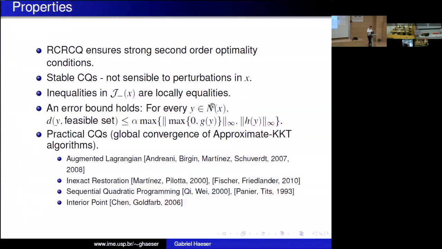And another important property that holds for every condition that I presented is the one called the error-bound condition. It says the following: I have a point x here, where this constant rank condition holds, and if I take y in a sufficiently small neighborhood of x, I can measure this y. Maybe it's not feasible. Okay, x is feasible, but if I look at a neighborhood, maybe it's not feasible.